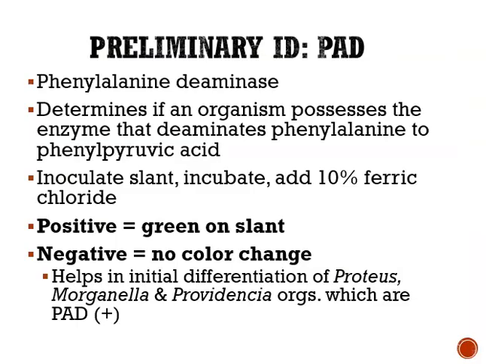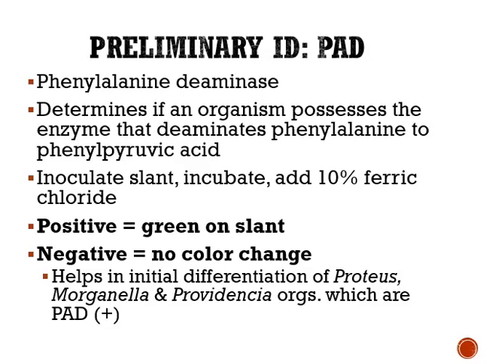Okay, next test is the PAD, phenylalanine deaminase, which determines whether an organism possesses the enzyme that deaminates phenylalanine to phenylpyruvic acid. So we're going to inoculate the slant, incubate, add our 10% ferric chloride, which is our reagent.